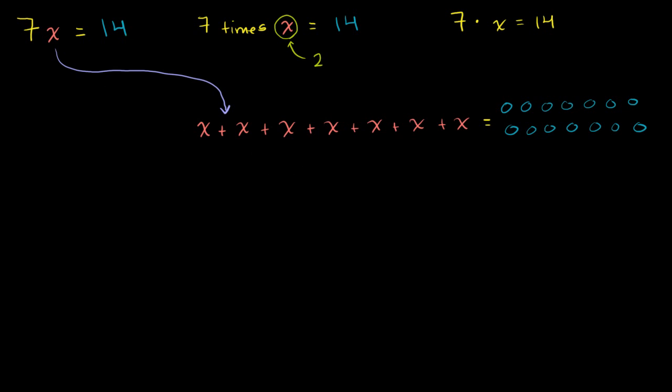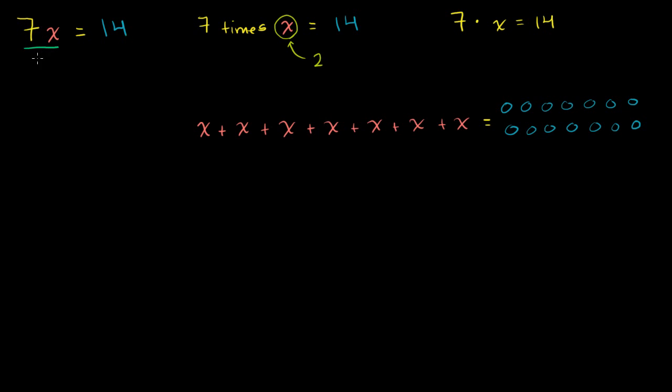So let me erase this right here. So the standard step whenever, oh, I didn't want to do that. Let me do this, and let me draw that last circle. So in general, whenever you simplify an equation down to a coefficient, which is just the number multiplying the variable, times a variable, equal to something else, what you want to do is just divide both sides by 7 in this case, or divide both sides by the coefficient.